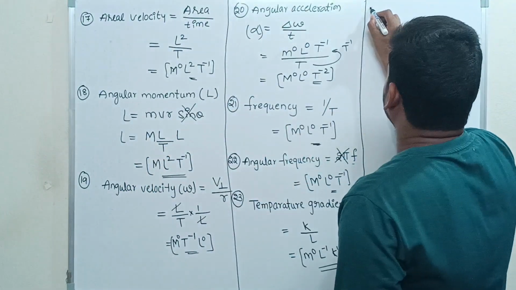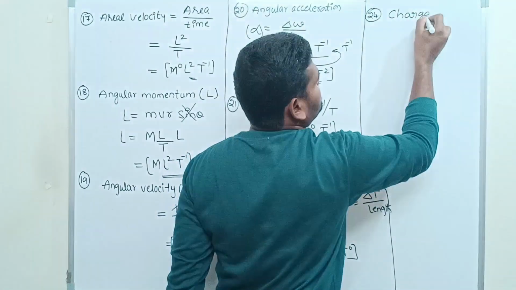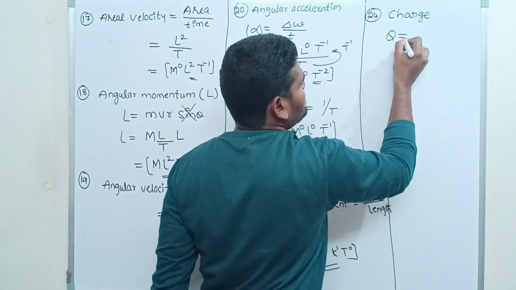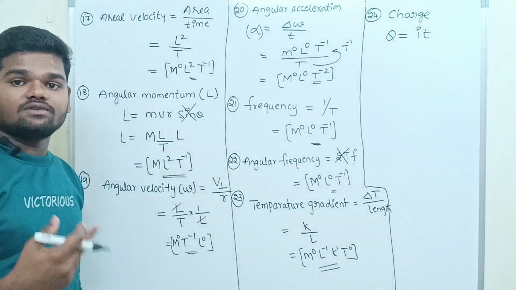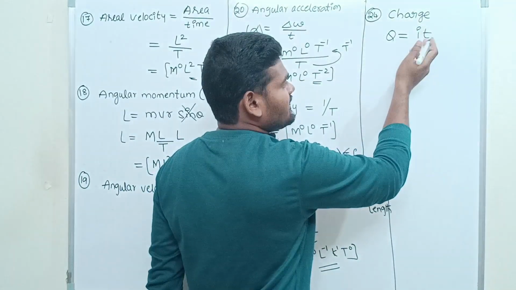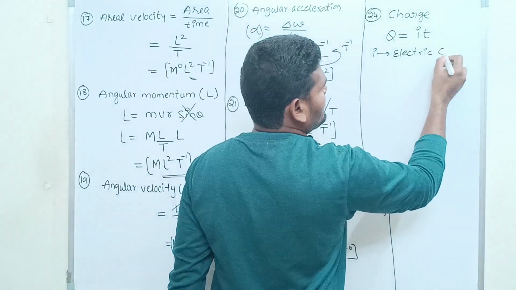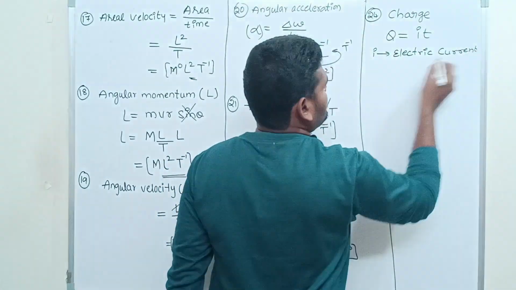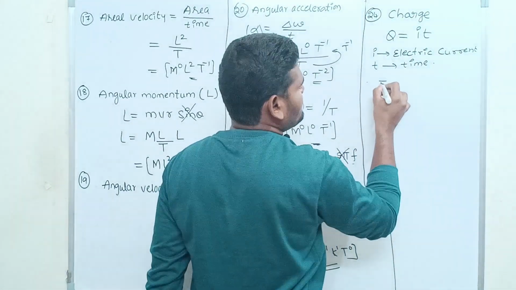Okay, next 24. Charge. What is charge? So charge can be represented by capital Q. Q is equals to I into T. So I means what? Electric current. And T means what? Time. Okay. So now the dimensional formula.